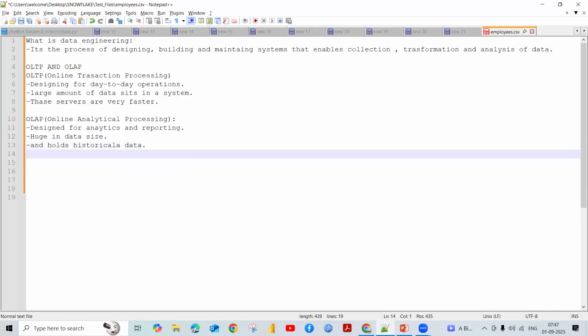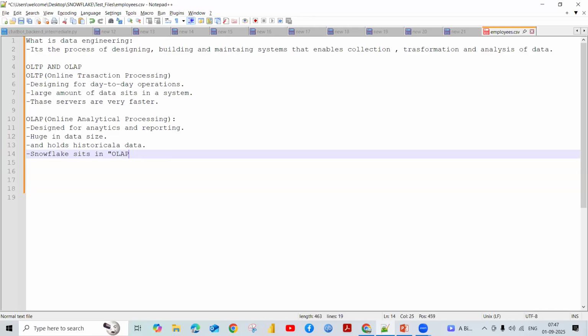So we understood the difference between the two systems. But where will Snowflake sit? Snowflake sits in OLAP.